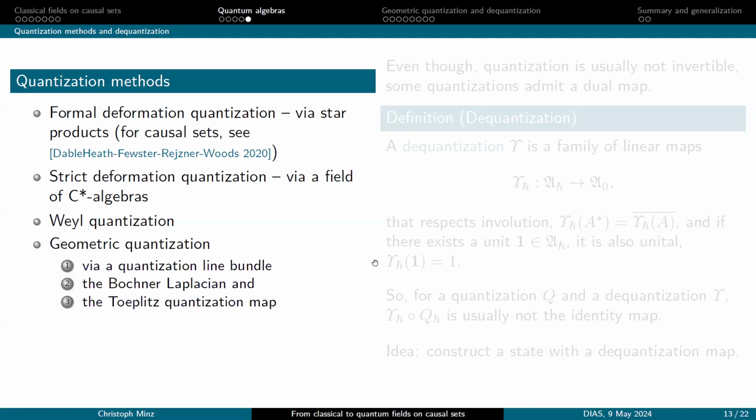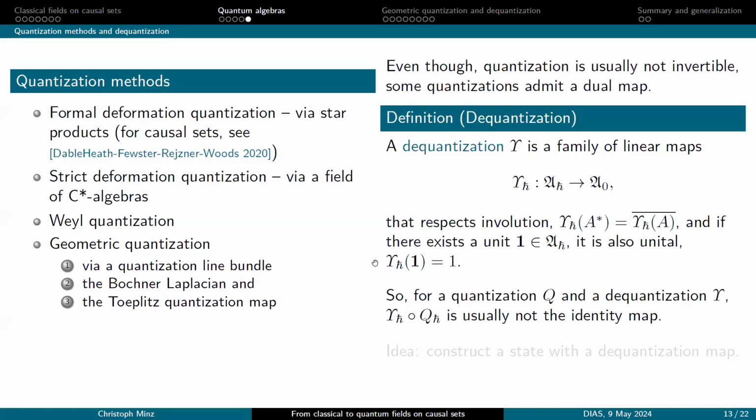Now I want to take the approach of geometric quantization, which essentially starts from a similar input as we had before, which was a real vector space for the setting of causal sets. Then you construct a line bundle on that, which has to fulfill... Oh no, sorry.